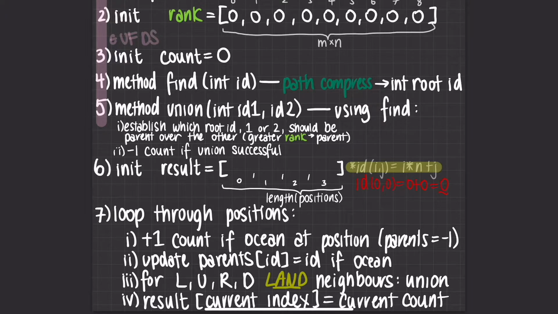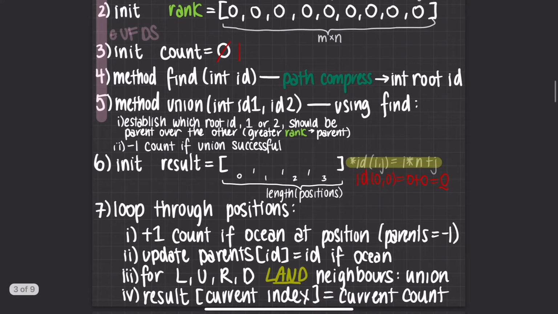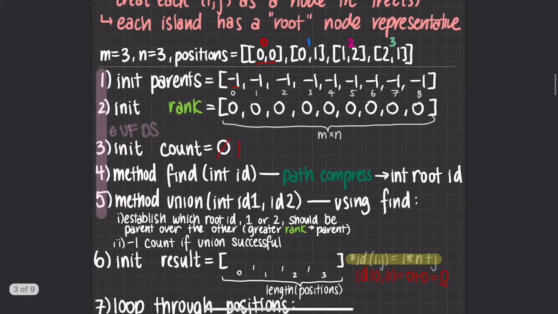At index 0, we can see that parents is -1, meaning that plot is ocean. This makes sense because we start off with an ocean-only grid. So we add 1 to the count, since we added one plot of land. Then we update the parent's ID to equal the current ID if it's ocean, and it indeed is, so we update it to be 0.